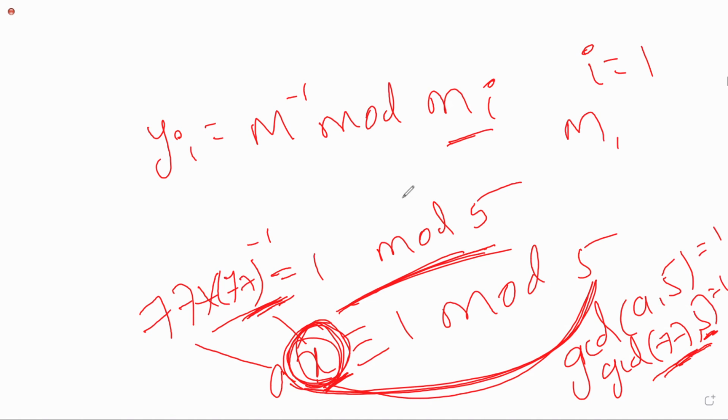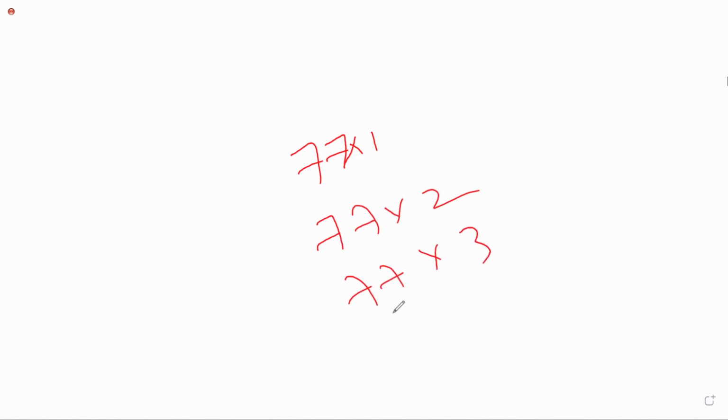Simply substitute 77 into 1, 77 into 2, 77 into 3, 77 into 4, up to 4, because the mod value is 5.